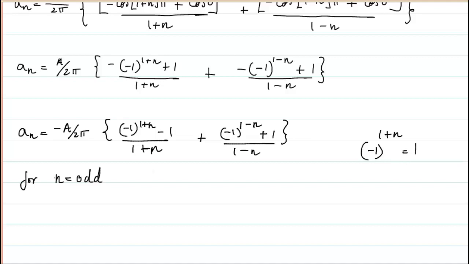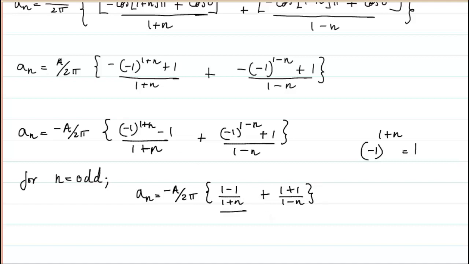So for n odd, what you will find is that an comes out to be minus a by 2 pi, and then this one becomes plus 1, so 1 minus 1 divided by 1 plus n, and then the second part becomes 1 plus 1 divided by 1 minus n, out of which the first part basically becomes 0.